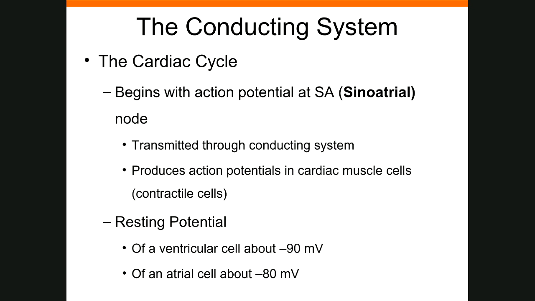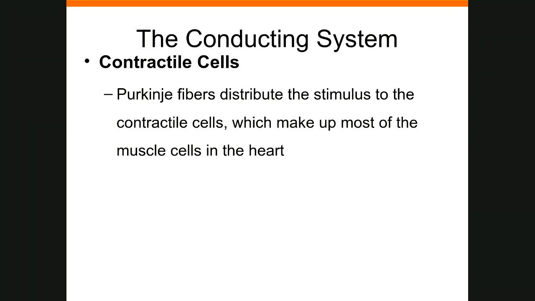The resting potential for the ventricular cells is around minus 90 millivolts, and for the atrial cells about minus 80 millivolts. Once the stimulus reaches the Purkinje fibers, they distribute it to the contractile cells, which make up most of the muscle of the heart.